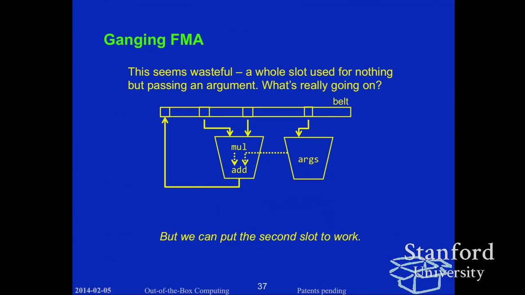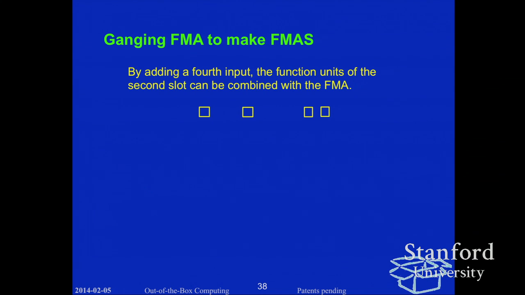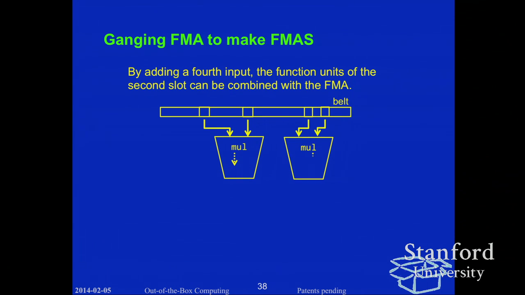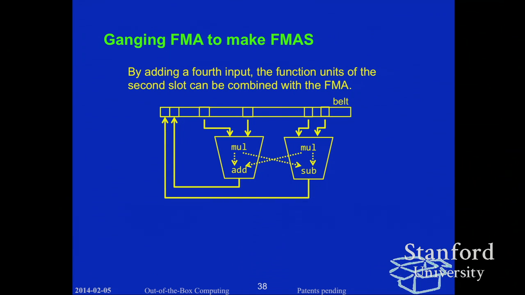But we could do something useful in the second slot. So let's gang together 2 FMA units to make what we call FMAS, or fused multiply add subtract, with 4 inputs. The 2 pairs of inputs each go to a multiplier, the results of the two multiplies are horizontally interchanged, and then one side does an add, and the other side does a subtract.